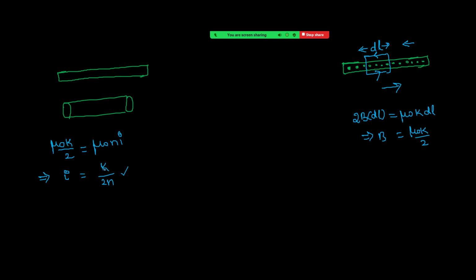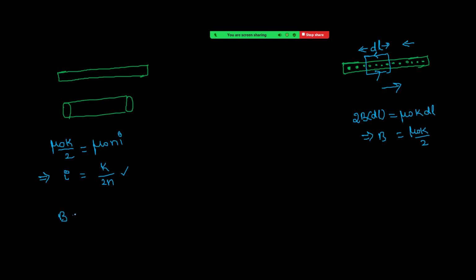That's the first part. Next, if the solenoid is rotated to make its axis perpendicular to the metal sheet, what would be the magnitude of the magnetic field near its center? Then see what happens. Values are the same, but now the angle between them becomes 90.